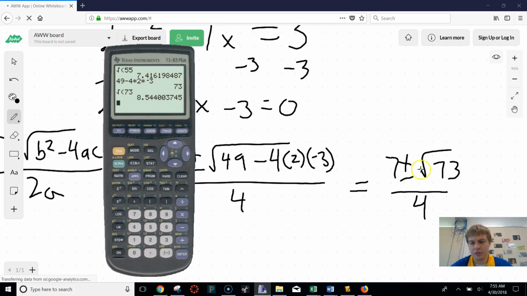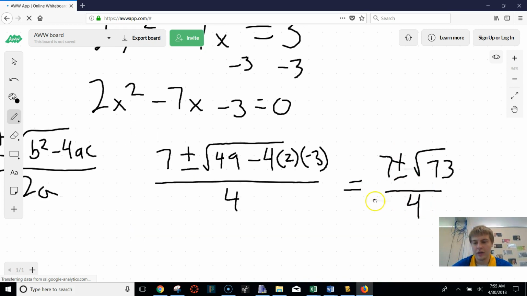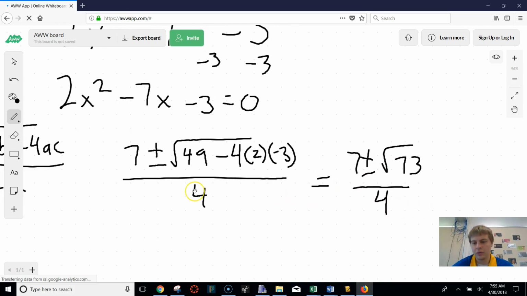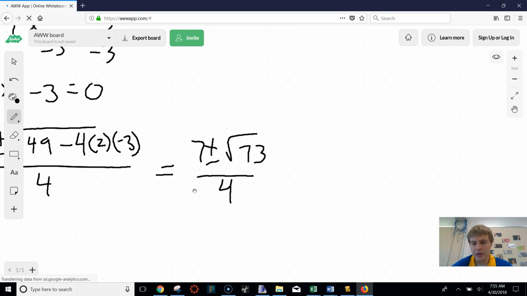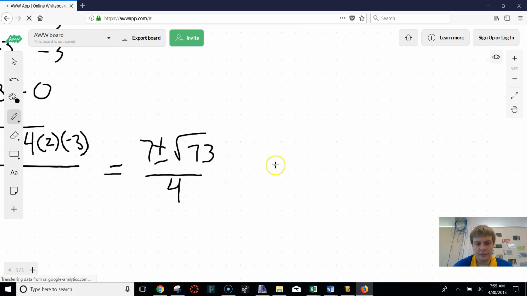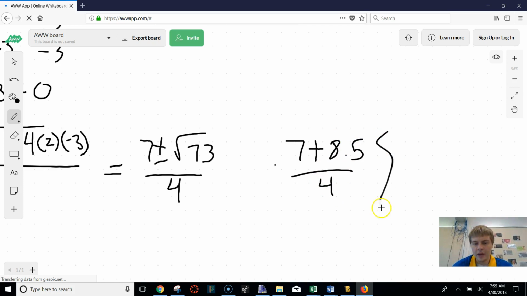See how this has plus or minus? You can't do plus or minus at the same time. So now, this is the stage where we're going to end up splitting this into two separate problems. So I'm going to say that this is 7 plus 8.5 over 4 and 7 minus 8.5 over 4.